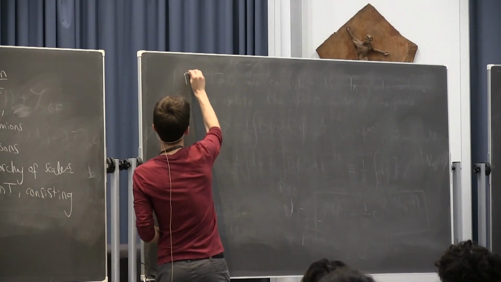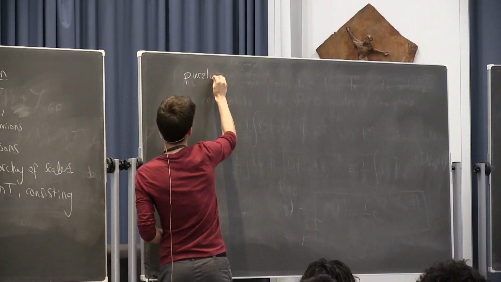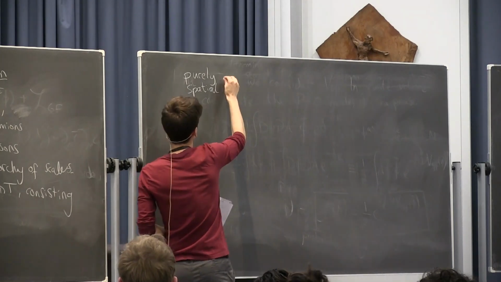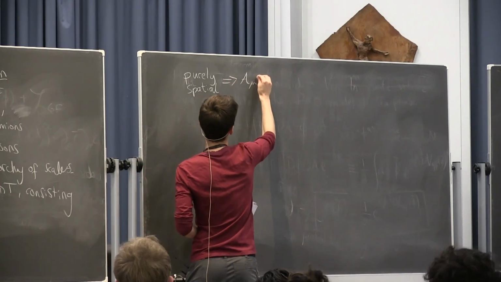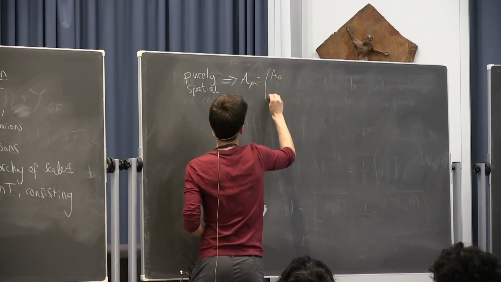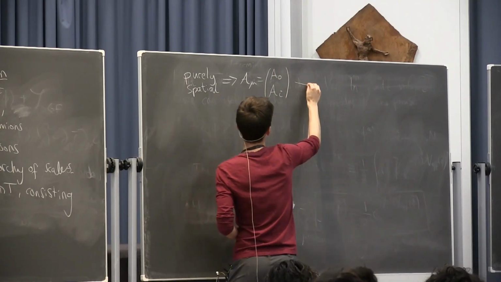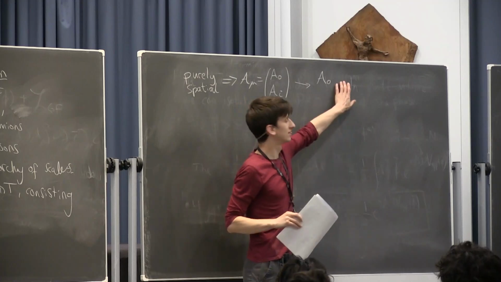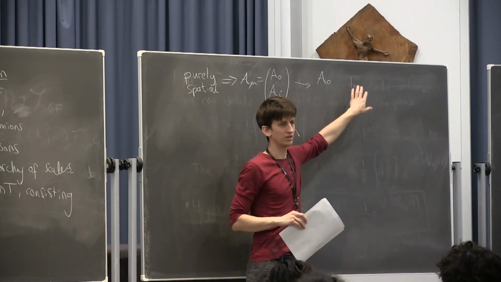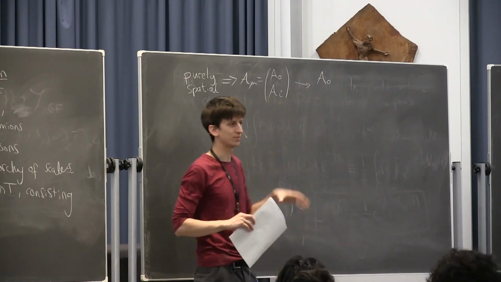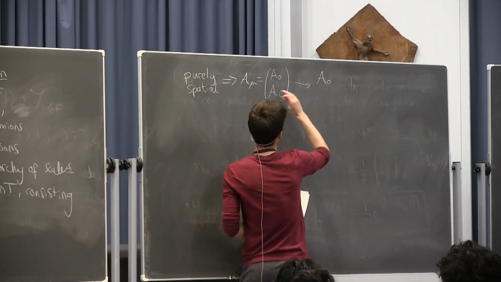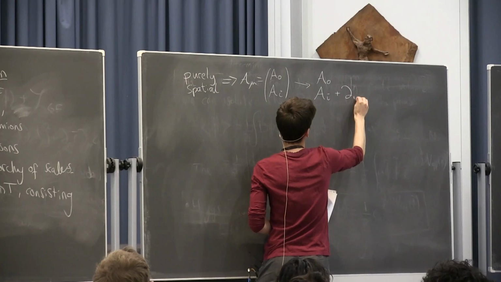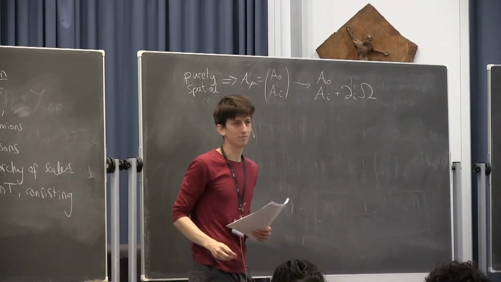If we're considering just the purely spatial modes, that means they don't depend on tau at all, then our A_mu field, which can be written as A_0, A_i, under a gauge transformation, A_0 would go to A_0 plus a time derivative of some gauge function, but we're not including time dependence here, because this is purely spatial theory. So A_0 goes to A_0, and A_i goes to A_i plus a spatial derivative of some gauge function.